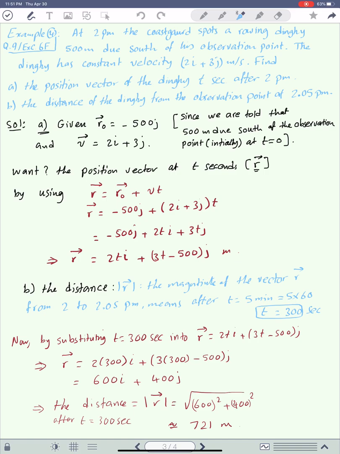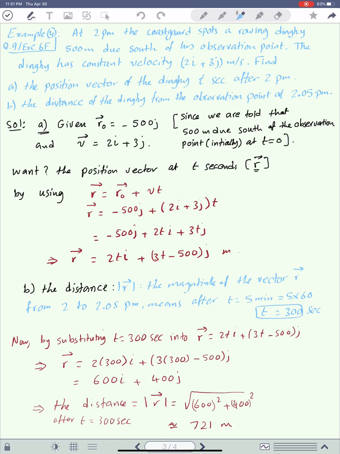Okay, the next example is question 9, exercise 6F in the textbook. If someone has the textbook, you can check the question there. At 2 p.m., the Coast Guard spots a rowing dinghy 500 meters due south of his observation point.